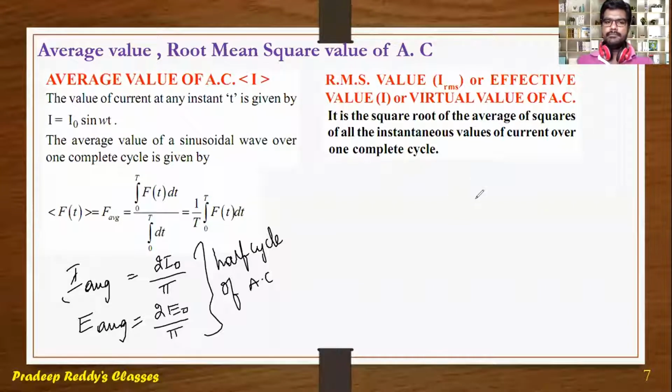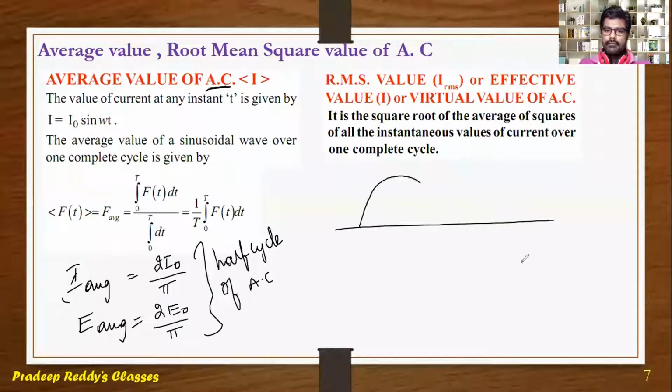So as we are taking the average value of AC, if you take the average of a full cycle, you get 0. But if you take the average of a half cycle, you get a non-zero value. But the remaining half cycle, which is in the negative peak, like this is the negative peak, right? This is the negative peak.